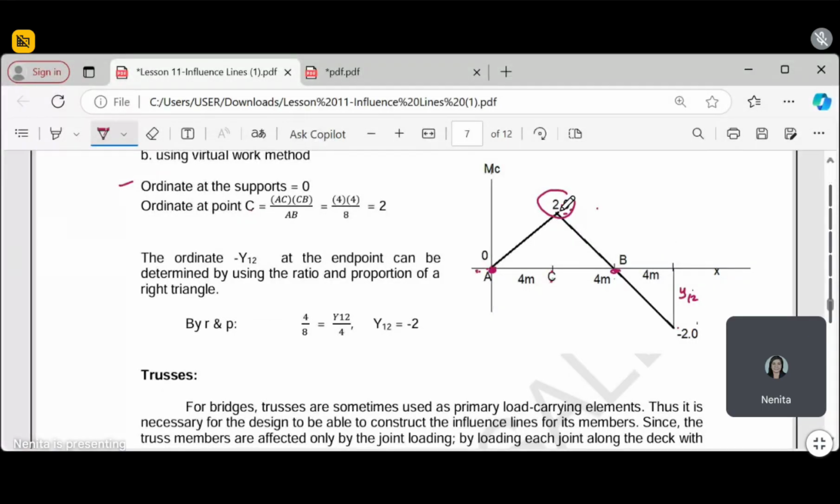By ratio and proportion of a right triangle, this is 2 and 2 is 4, then up to the span is 8. So we have a right triangle like this. But anyway, right triangle is no longer a problem for you. Okay, so any question?